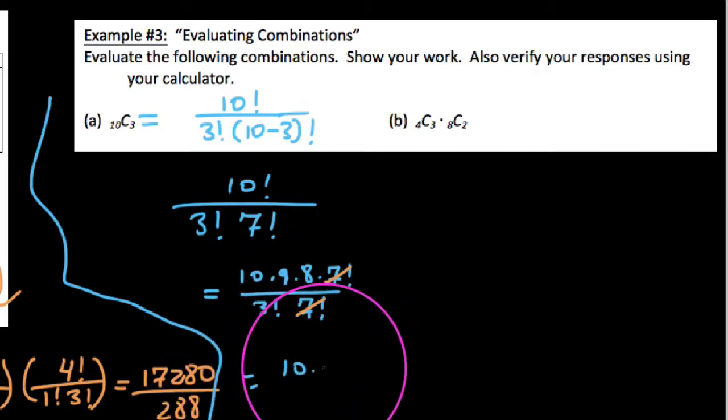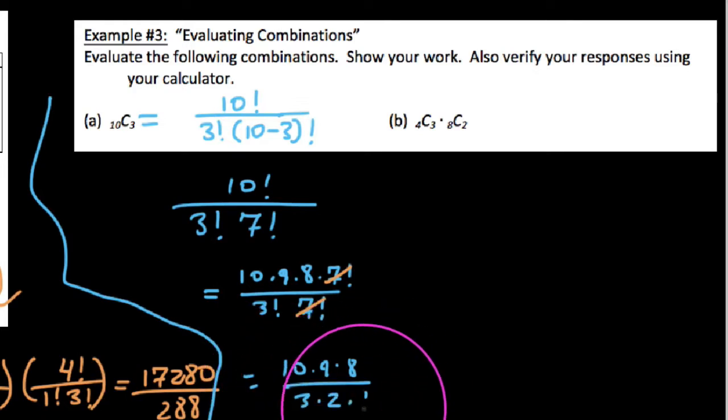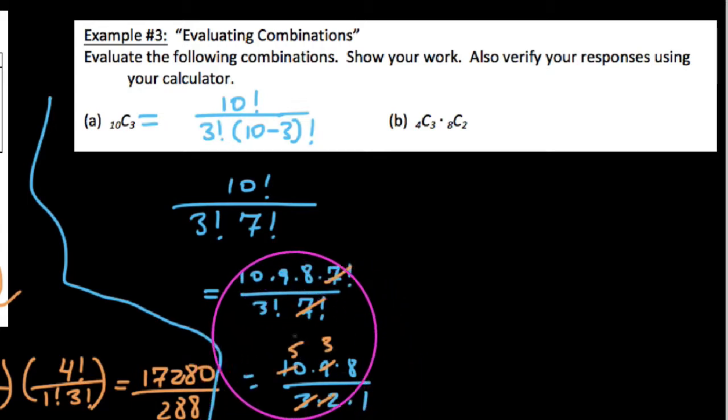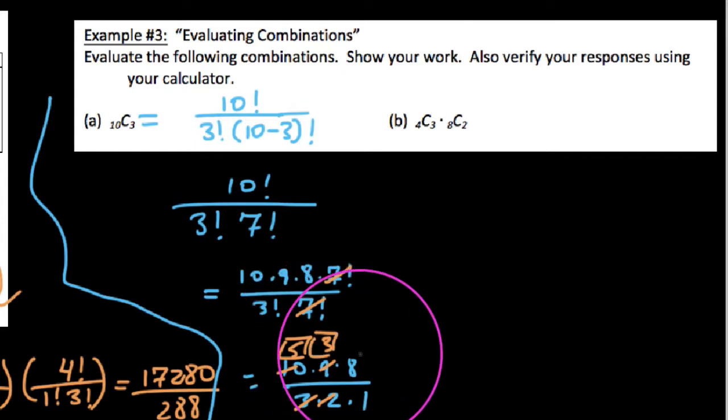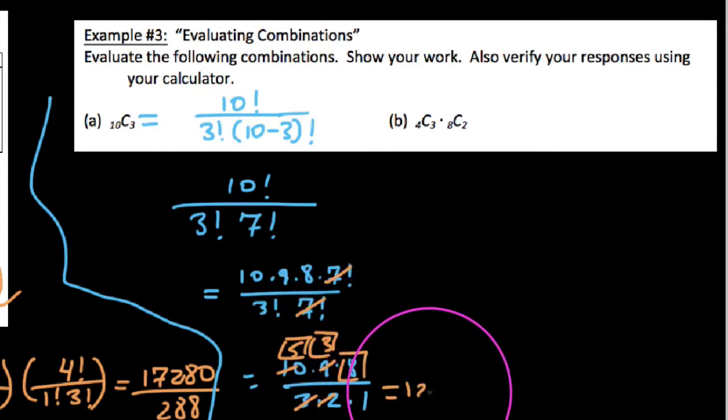And so we really get 10 times 9 times 8, all over 3 times 2 times 1, where the 3 would go into 9 3 times, and 2 might go into 10 5 times. And so we end up with 5 times 3 times 8, which is 15 times 8. And that would be 120 possible combinations here.